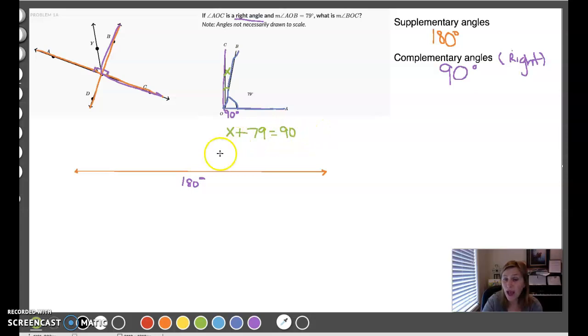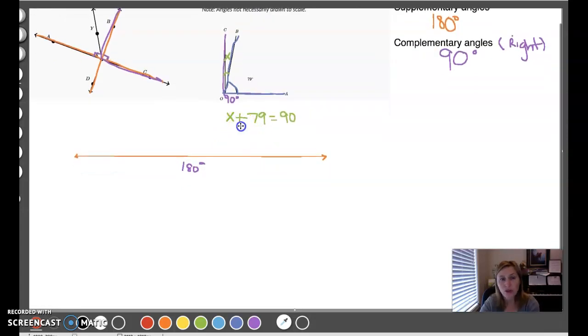Once we have that, we can just do the math that we were doing yesterday. What's the variable? The variable's x. What's happening to it? It's being added by 79. How do we undo addition? We use subtraction. If I subtract 79 from both sides, I am going to get 11. So this little angle right here, x, is 11.